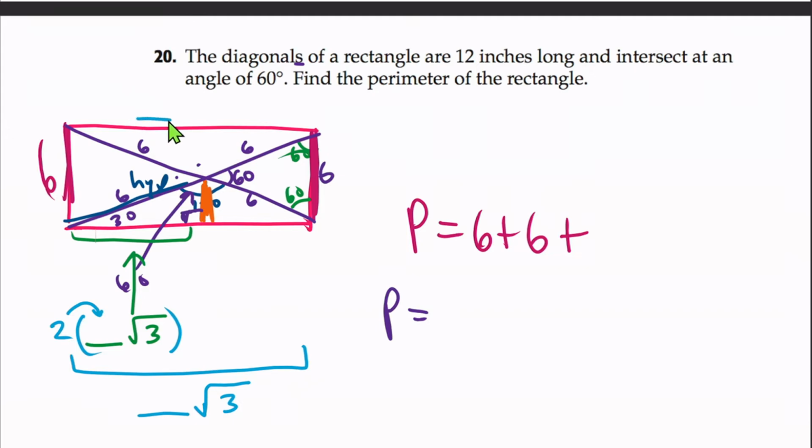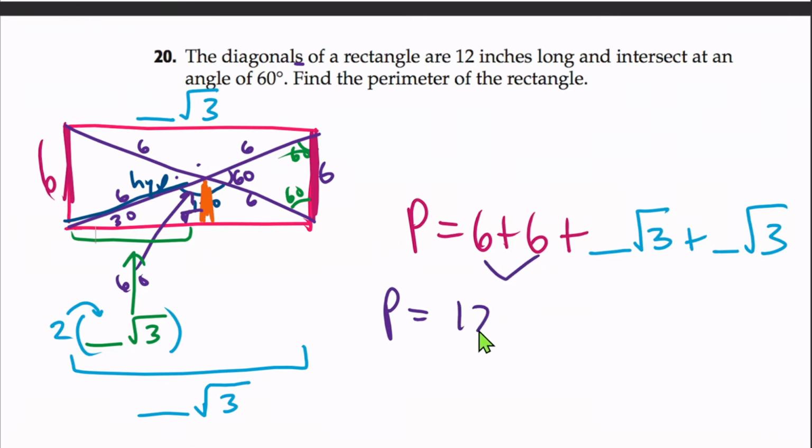And then that will be the same deal up here. So when you're finding the perimeter, it'll be 6 plus that blue length, a number times the square root of 3, plus the same piece on the top. When you're finding the final answer, these will combine to be 12.